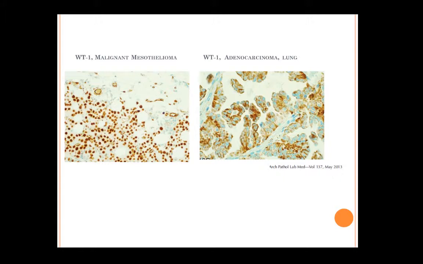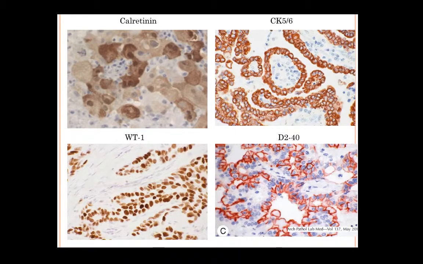So whenever the differential includes serous carcinomas, WT1 is not helpful. The next stain is CK5/6, expressed in most of the epithelioid mesotheliomas. The problem with CK5/6 is sometimes it can have focal staining.